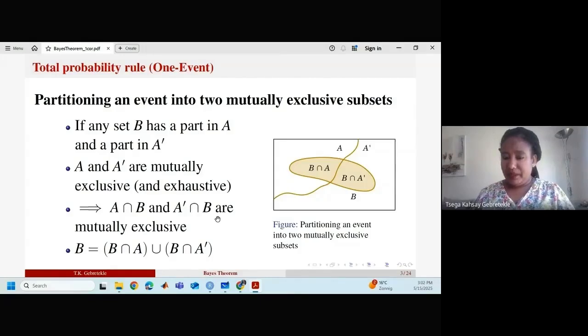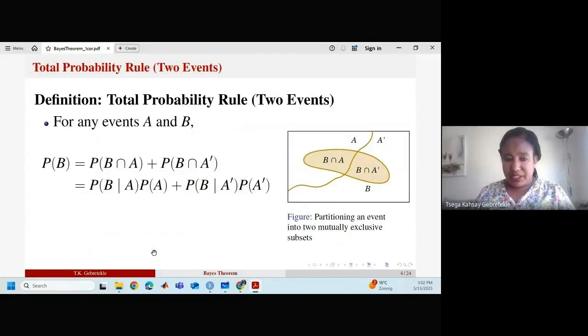The probability of B will be the probability of B intersection A plus the probability of B intersection A complement, because A and A complement are mutually exclusive and exhaustive. From the multiplication rule for probabilities, we can calculate the probability of B intersection A as the probability of B given A times the probability of A, and the probability of B intersection A complement as the probability of B given A complement times the probability of A complement.